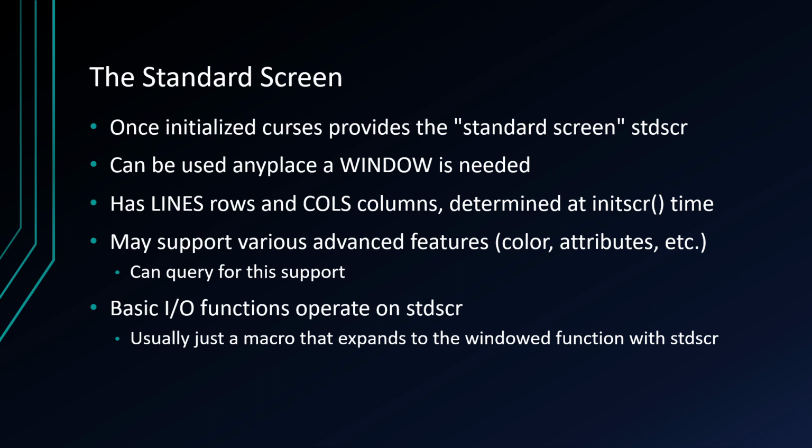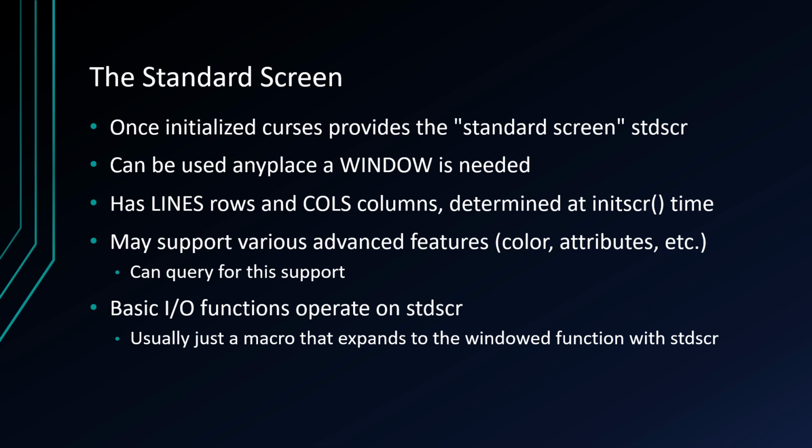If you're running in a terminal emulator, xterm, or as we will see later, the Windows console, LINES and COLS is updated to reflect the size of your window as opposed to the size of the physical screen. But if you're talking to a real terminal, LINES and COLS will be the physical lines on the screen, which is typically 80 by 24, 80 columns, 24 lines.